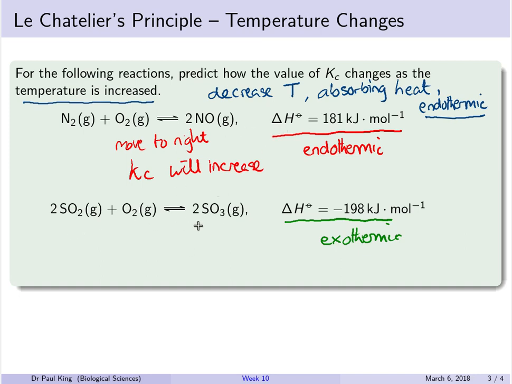So in this case, the reaction will move to the left, which will mean that Kc, the equilibrium constant for this, will decrease. Because if the reaction moves to the left, we're going to have higher concentrations of reactants, lower concentrations of products, which means that the equilibrium constant itself will decrease.